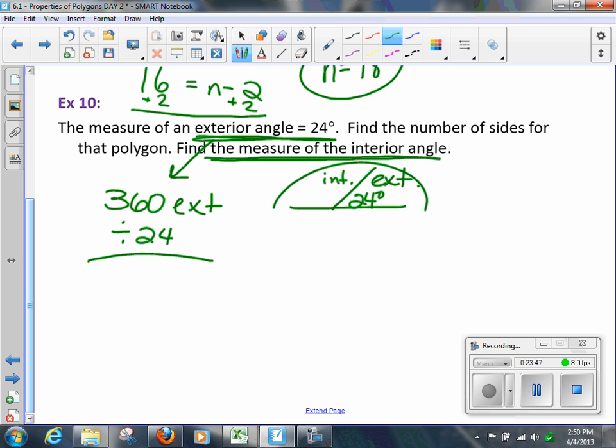What's 360 divided by 24? 15 what? Read the problem. 15 what? There are 15 sides. Just find the number of sides for the polygon. We just did. And what Cody said, you're exactly right. 180 minus 24 is? That's right.